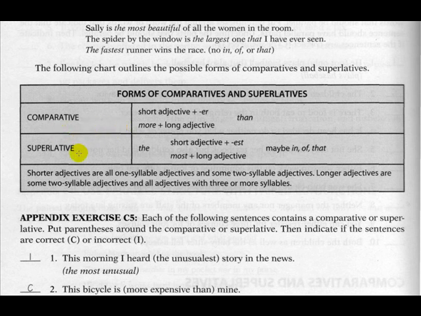And since it is a superlative, the correct answer would be the highest. So that is correct because we're saying the highest of. We're using the preposition of. And so that particular one is correct.